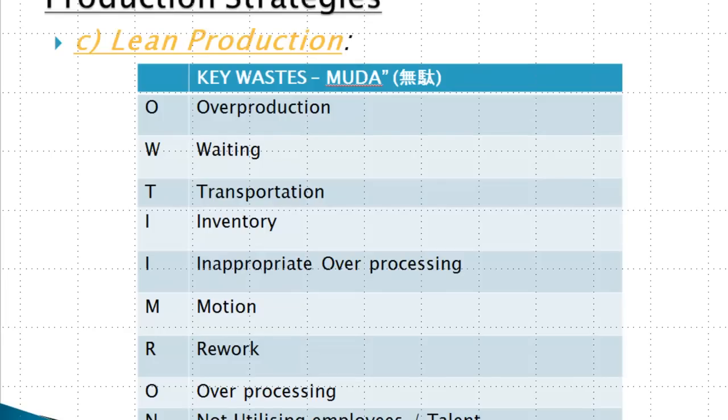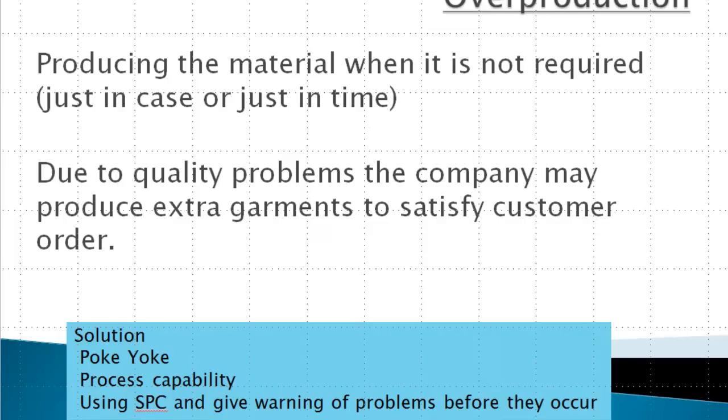Okay, part 2. So we're looking at production, the key wastes. So we're managers, we're in a factory, and the first thing we ask ourselves, are we producing too many garments? Obvious reason is that if you're making too many and they don't sell, we're going to have to put them on sale, reducing our margins, taking up space in the retail store, and also cannibalizing our new range, which is out as well.